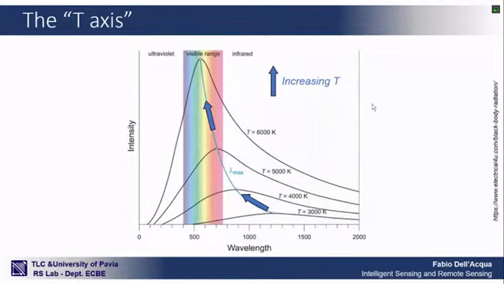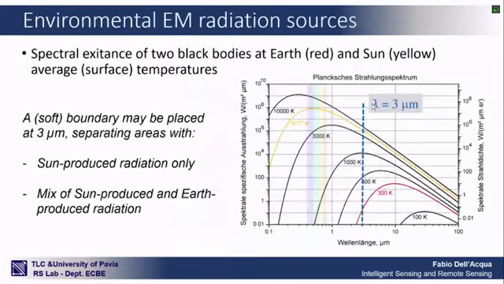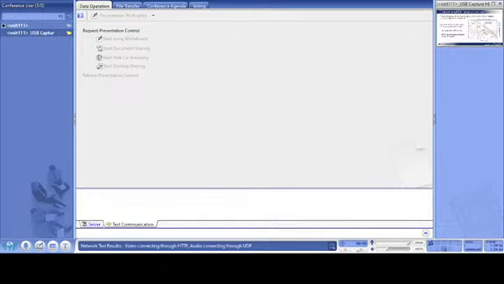One is that you still have a contribution from the sun. It's decreased, but it's not over. And the other factor, which is the most difficult obstacle to the correct estimation of the temperature, is the fact that the actual emission depends not only on the temperature, but also on the reflectivity of the object.